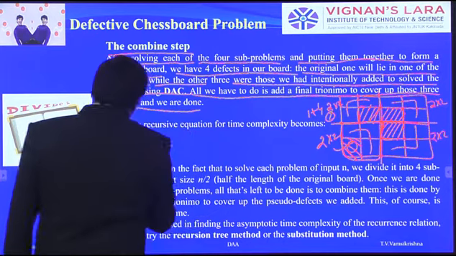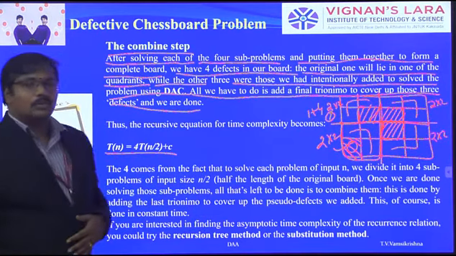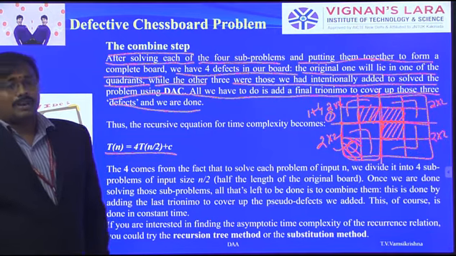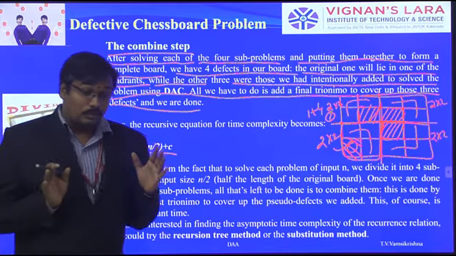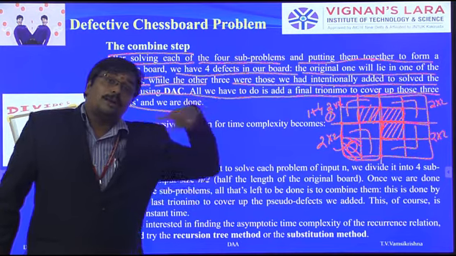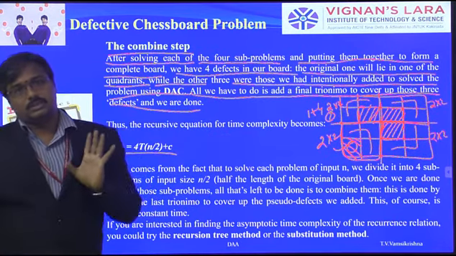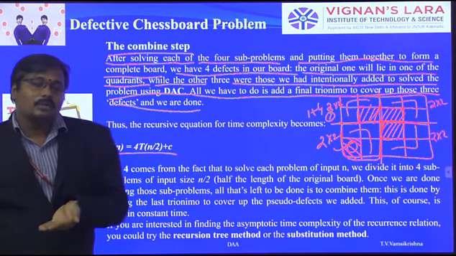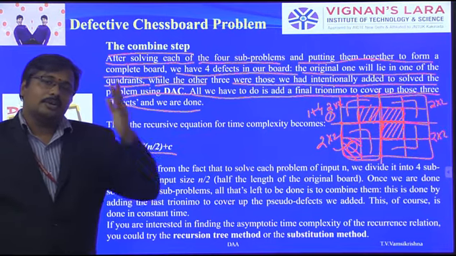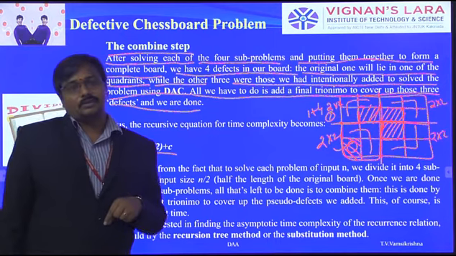So the recurrence relation to solve this problem is T of n equals 4 into T of n by 2 plus C. What is 4? The 4 by 4 chessboard can be imagined as 4 2 by 2 chessboards. So the n value is divided by 2, but 4 is constant. In the case of an 8 by 8 chessboard also, it can be divided into 4 by 4 chessboards. So n is divided by 2.